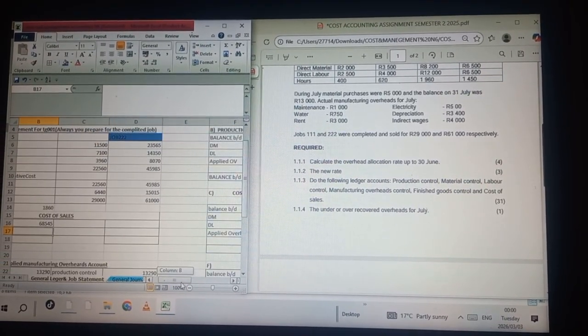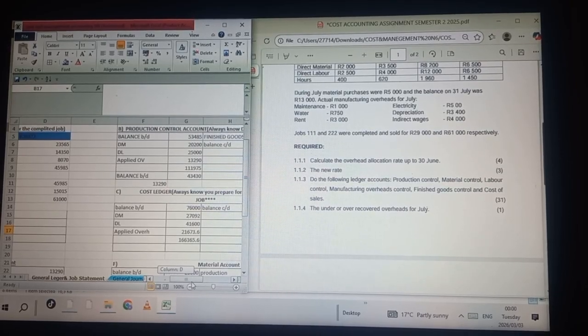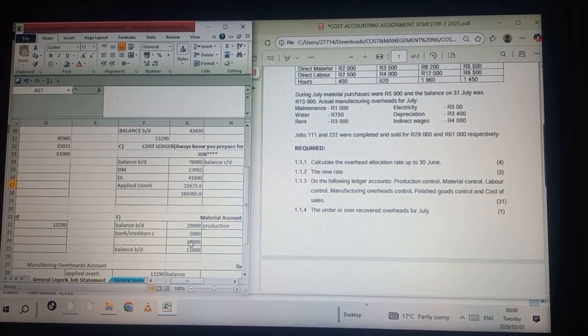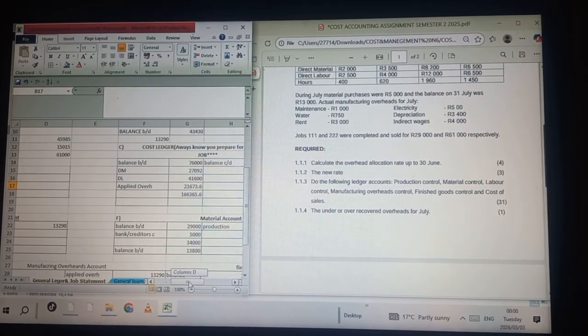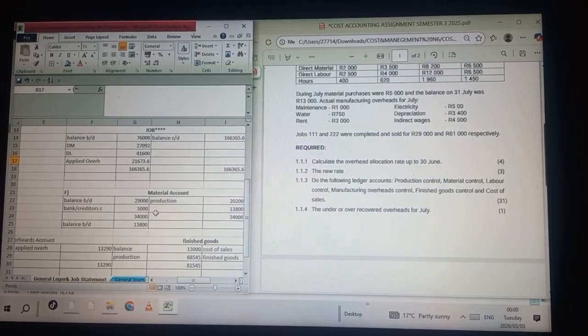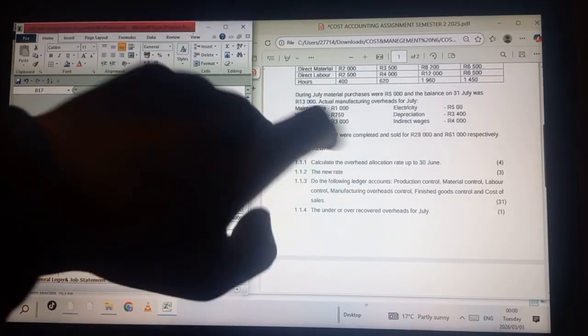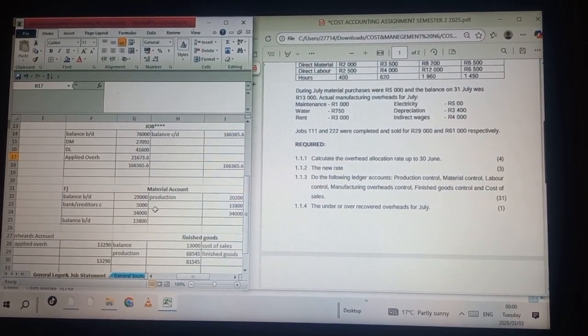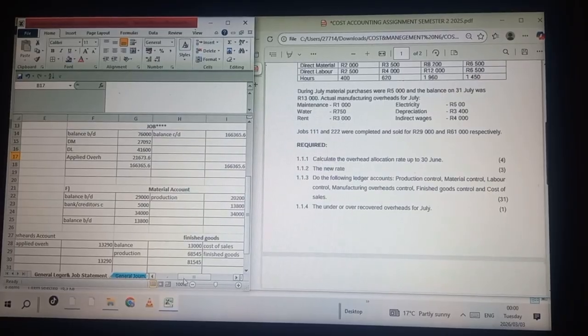We had cost of sales in our manufacturing account. You always transfer it. If ever they ask you to prepare cost of sales, you need to transfer this. Sometimes they ask you to prepare a cost of sales account without you preparing a manufacturing account. You should know that automatically, you take the actual overheads that will be given in your question paper, minus your applied overheads that you already calculated, and then you have your cost of sales.